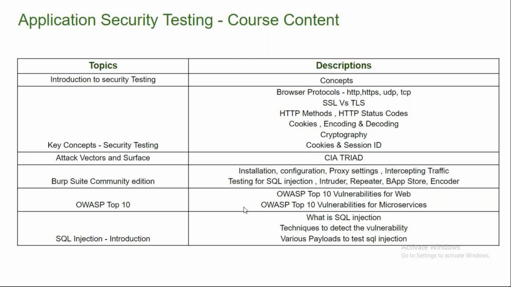Then we'll talk about attack vectors and attack surface as we get more into security testing. Vectors and surface are more about test strategy. You create your functional test strategy, you create your performance test strategy. Similarly, by looking at the application, as a security tester you should know the various ways you can test it, penetrate it, or exploit it.